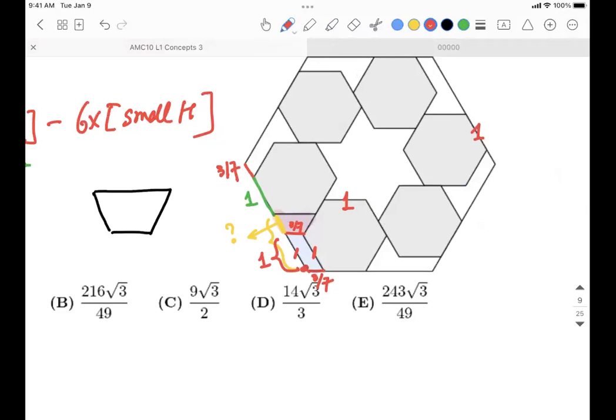My little red trapezoid, you're telling me this is 3/7, right? The top is 1, right? The top is actually one side of the little hexagon. This is 1. This is 60 degrees. With all this information, do you know how I can determine this? Is it easy?